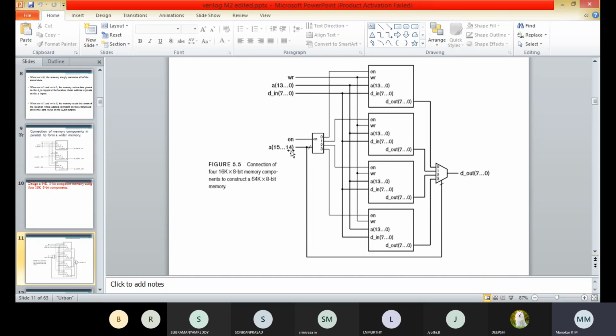These bits also control the multiplexer to select the output data from the enabled component during the read operations. Note down that figure.